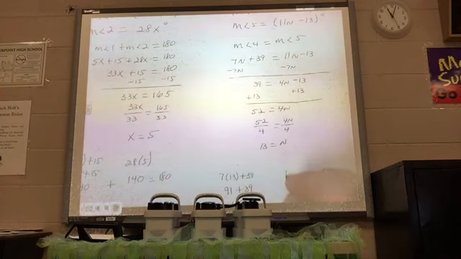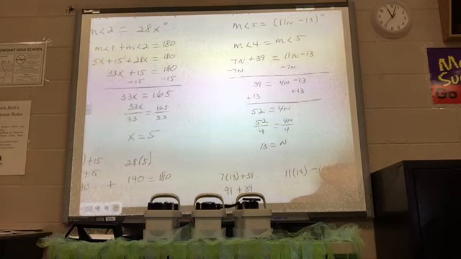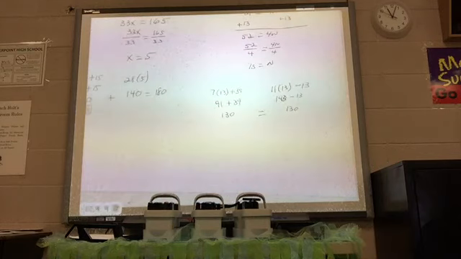And this one's going to be 11 times 13 minus 13. That's 143 minus 13, which is 130. So they come out equal to each other. Therefore, we know we're correct. So if two angles form a linear pair or straight line, you add them together and set them equal to 180. If they are vertical, you set them equal to each other and solve for the variable. Any questions?